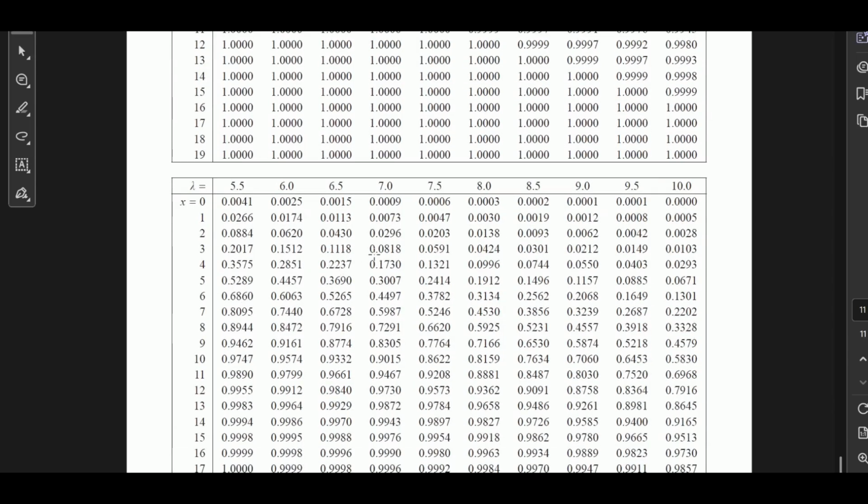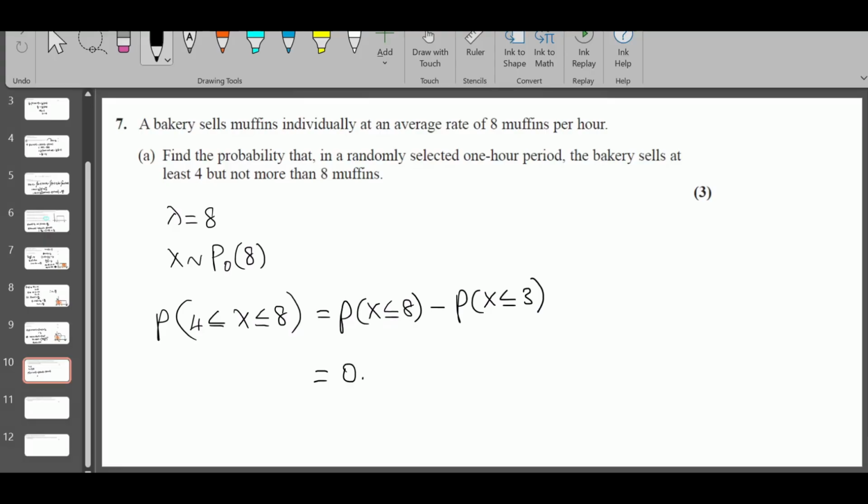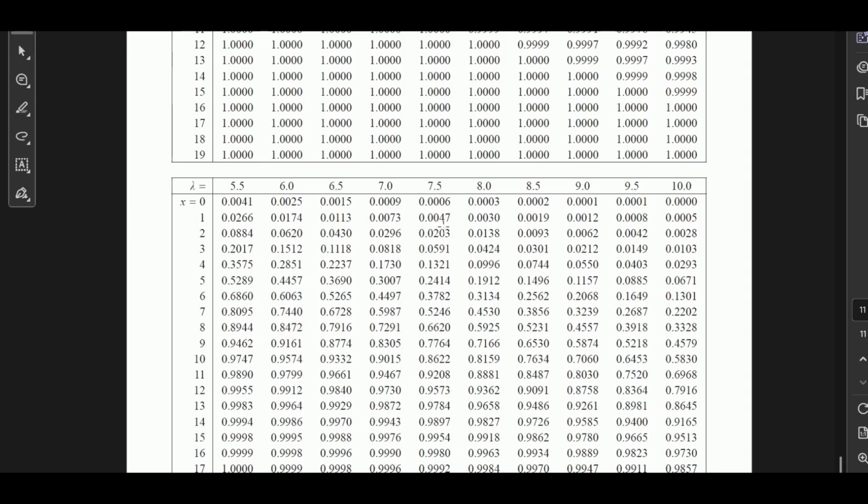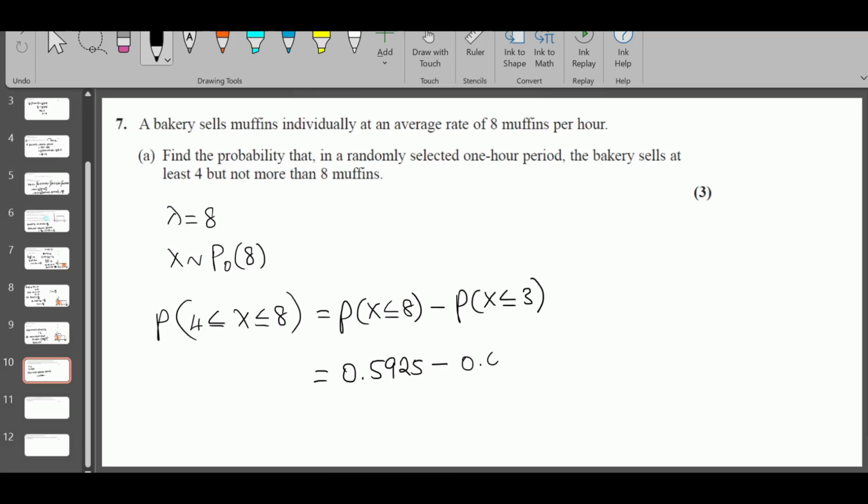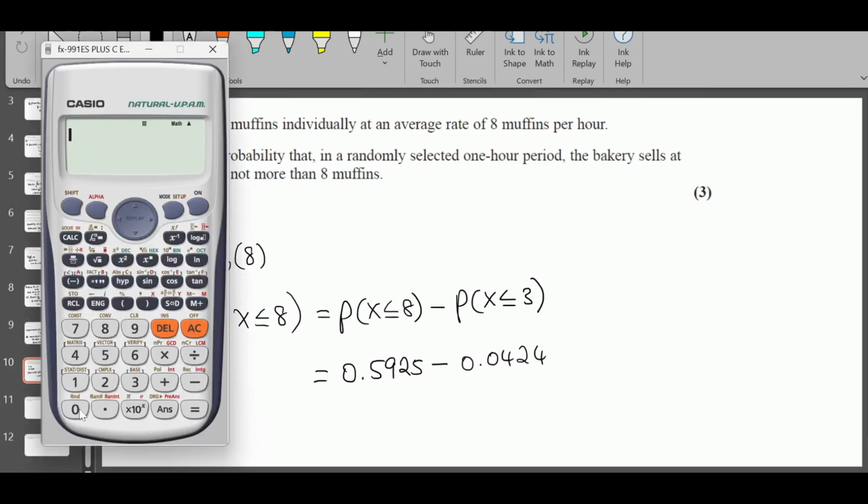Lambda is 8, that's here, x is 8 is 0.5925, minus x is 3, for 8, 1, 2, 3, 0.0424. So 0.5925 minus 0.0424.